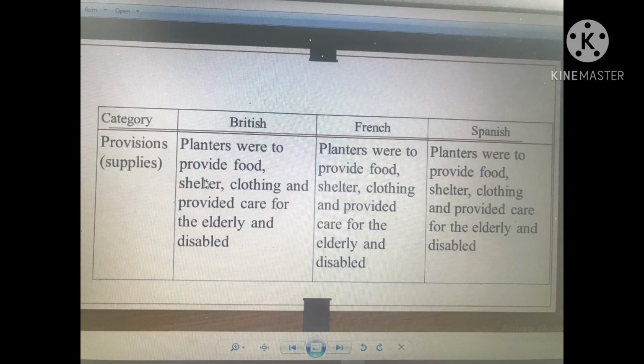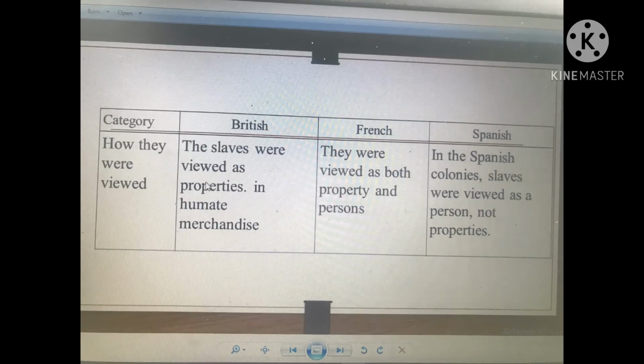Provision. This is one area in which all three nations had the same ruling in their laws. Planters were to provide food, shelter, and clothing, and make provision and care for the elderly and the disabled, for the British, the French, and the Spanish. How were these slaves viewed?